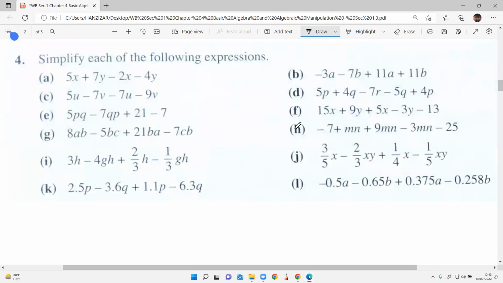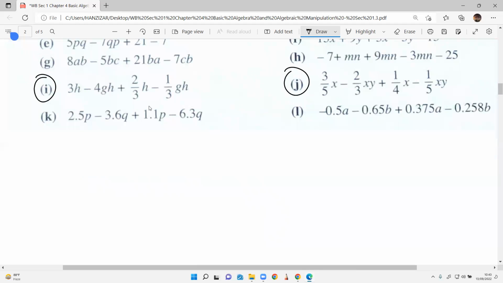For I, J. Okay, it's quite hard. No, it's not hard. So for question I, what you need to do is try to find the like terms. This 3h and 2 over 3 h, right? So 3 plus 2 over 3 bracket h. Understand, guys?